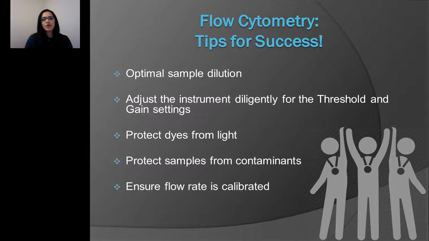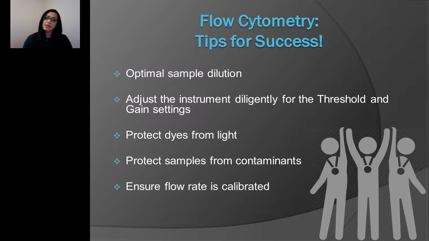So just a few tips for success that helped me a lot during the investigation and looking into different sample data that we obtained at the beginning. We figured that having the optimal sample dilution was really critical. Sometimes if we had multiple dilutions, let's say, for example, 10 to the 8th or 10 to the 9th, which is the dilution that we use for most of these products when we do traditional plating, we realized that we were not picking up those events in the flow cytometer.